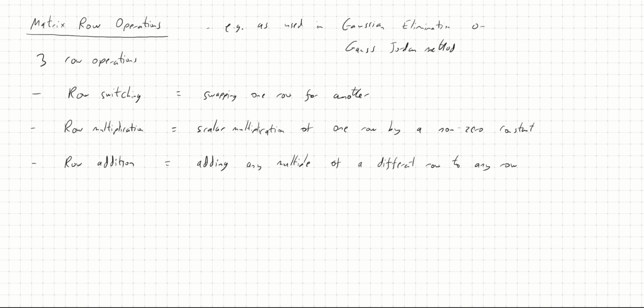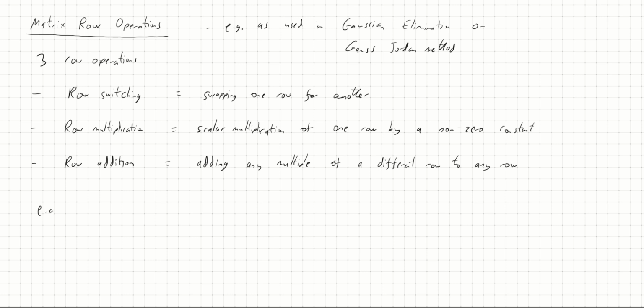Let's have a look at a quick example. We're not going to do a full example because those other videos on Gaussian elimination or the Gauss-Jordan method, reduced row form indeed, will have fuller examples. But let's just have a quick reminder of the idea.